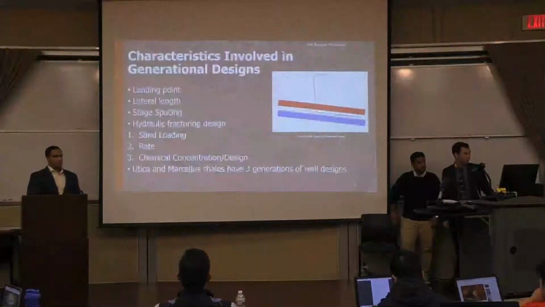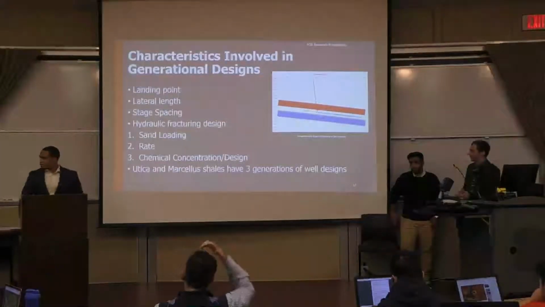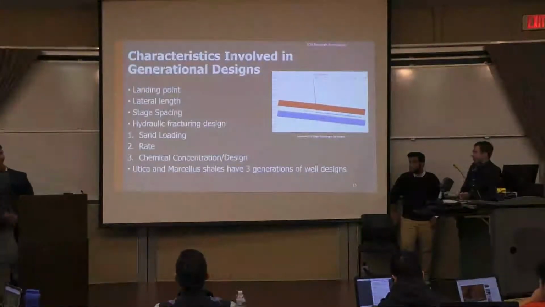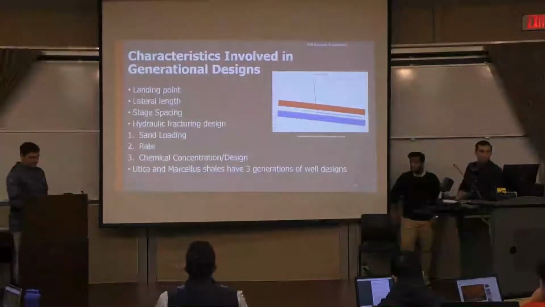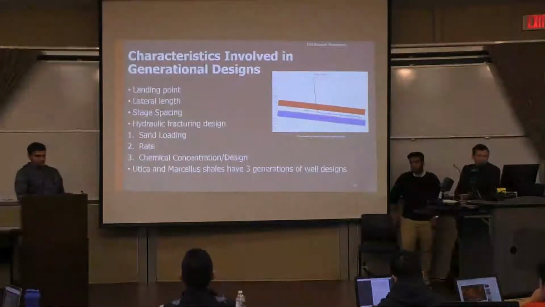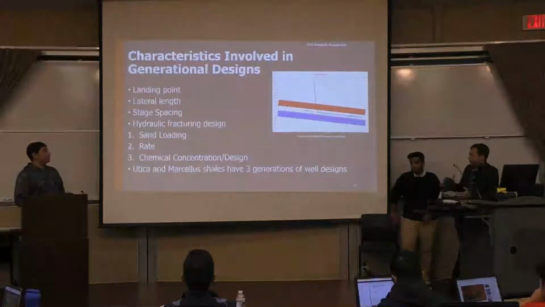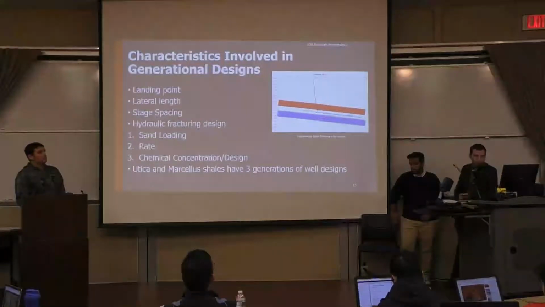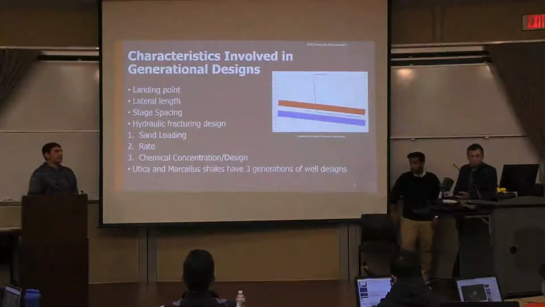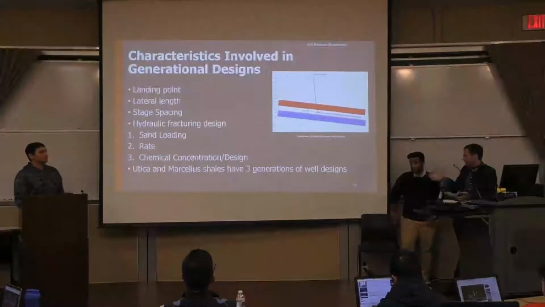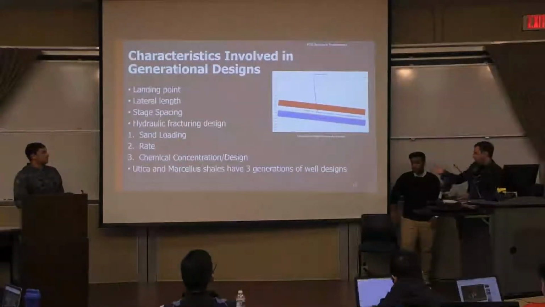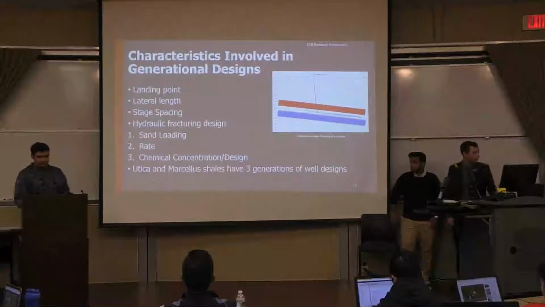Different generational designs. When we started developing this, we had different generations that showed different characteristics: the landing point of our wells, the lateral length, the stage spacing, as well as the completions design, which is your proppant loading, your rate, and your chemical concentration. Particularly in the Utica and Marcellus, we're on generation 3 right now, soon to be 4, probably in the next few years.